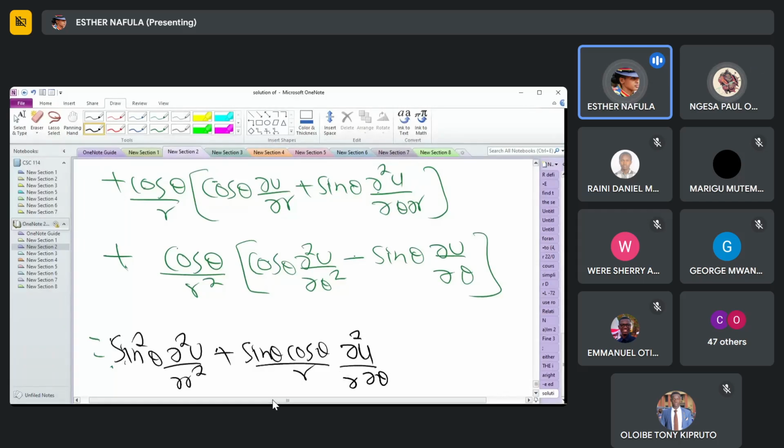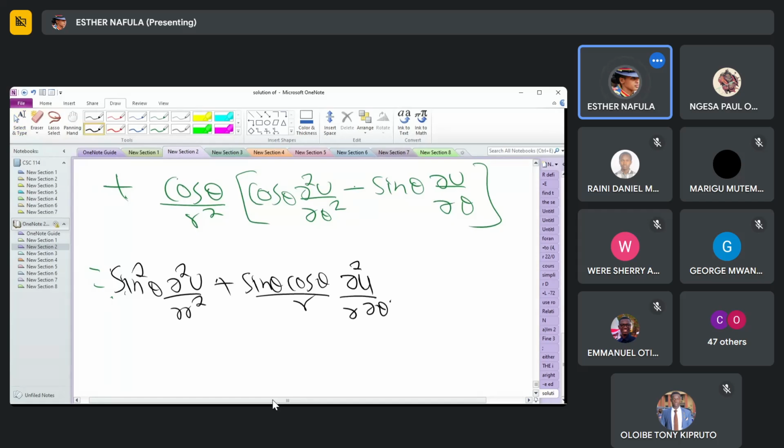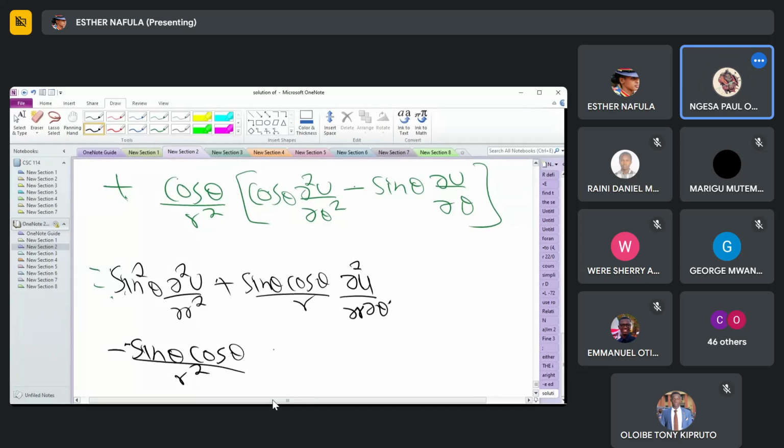It is not visible; let me just scroll. Just a minute. This is partial r partial theta, minus sin theta cos theta over r squared partial u partial theta, plus cos squared theta over r partial u partial r.